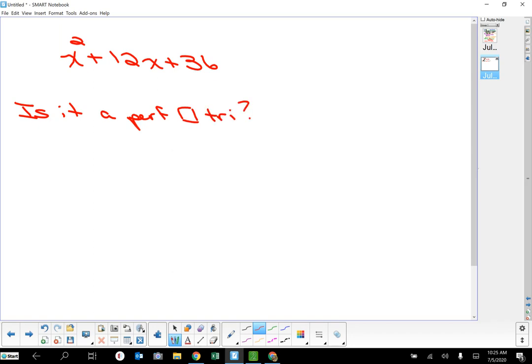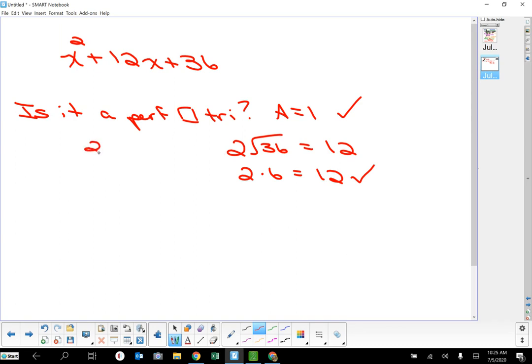Well, in order for that to happen, we need to know that a equals 1, and that's true. And then we need to know that 2 times the root of 36 equals 12. Does that actually happen? Well, 2 times 6 is 12, so that happens. And this is that 2 times the root of c has to equal b, right?